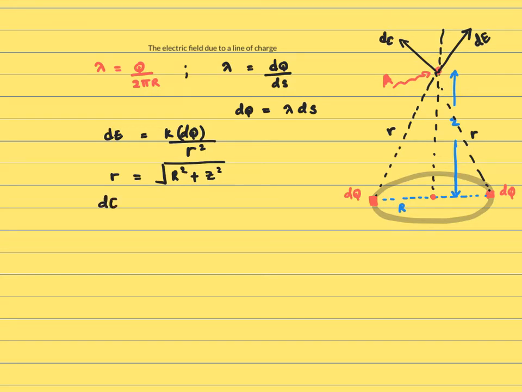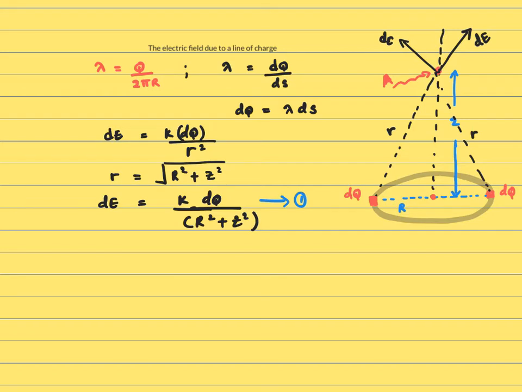So I have dE equals k dq divided by R squared plus z squared. Now you don't have the radical, it's gone. I call this my equation number 1.